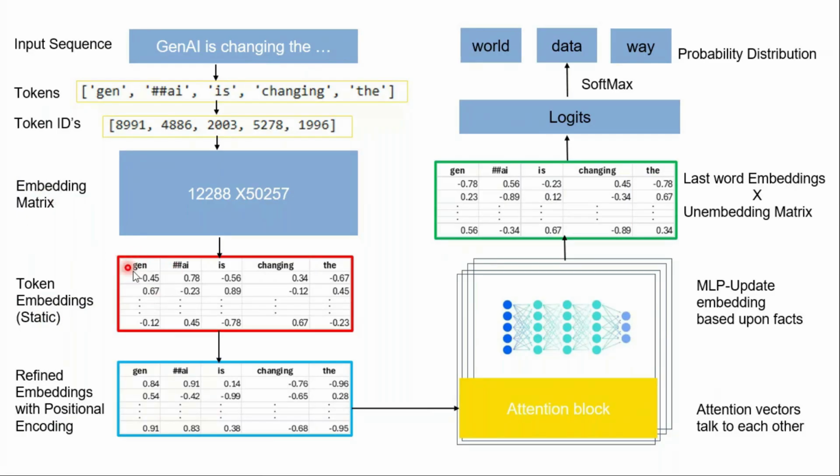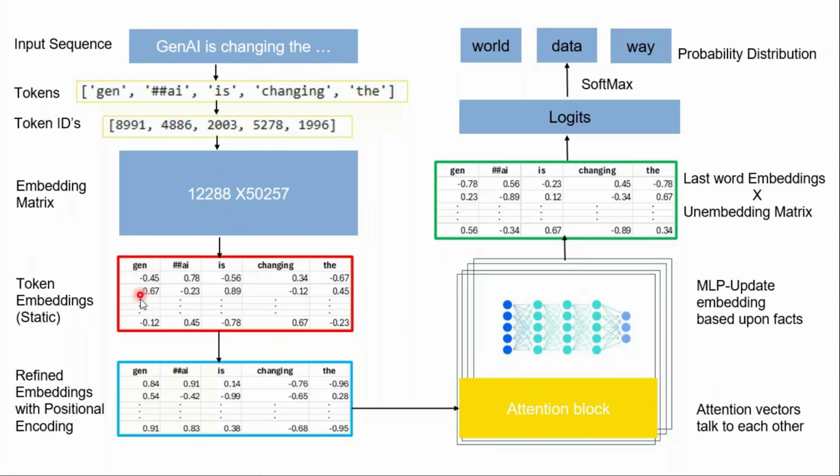Say we have this particular input, Gen AI is changing the, and we are trying to predict the next word over here. So Gen is one token, AI is another token, is is another token, changing, and so on. We have converted them into tokens, and these are the floating point numbers for each and every token.